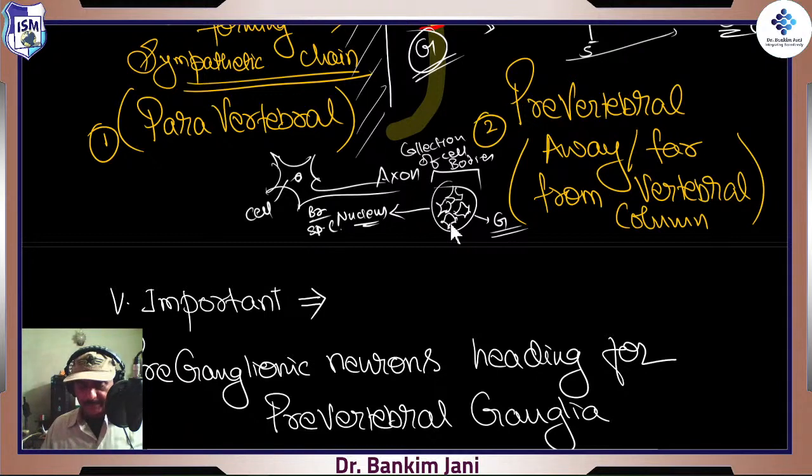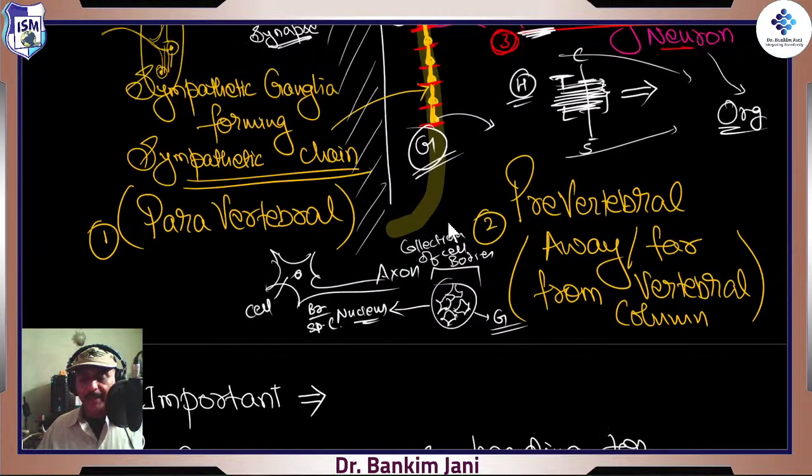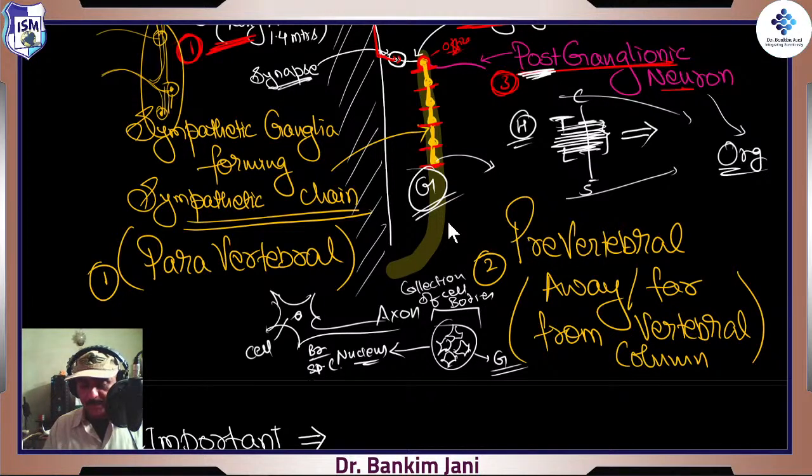So that is clear. Now, any fiber which is before that is preganglionic. Any fiber which is after that is postganglionic. And all these ganglia are connected with each other, and once they are connected, we call it the sympathetic chain, right? That is the sympathetic chain. Now let's add something more to this.